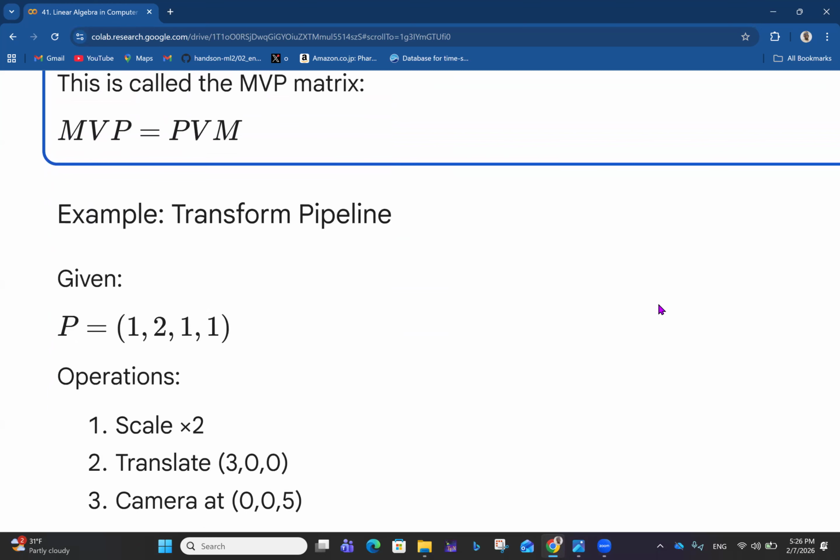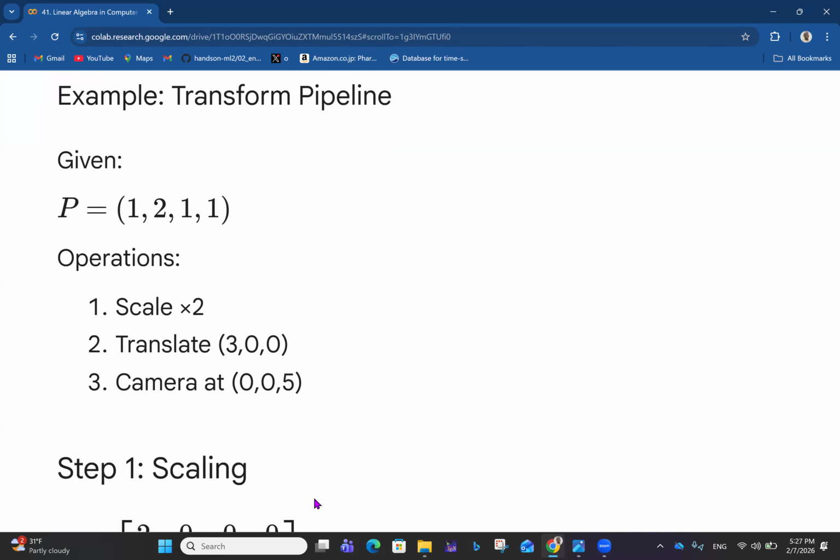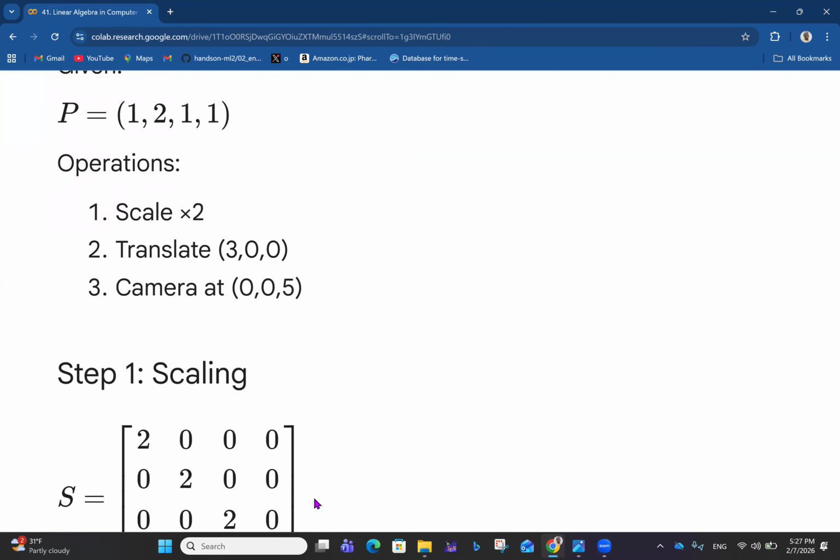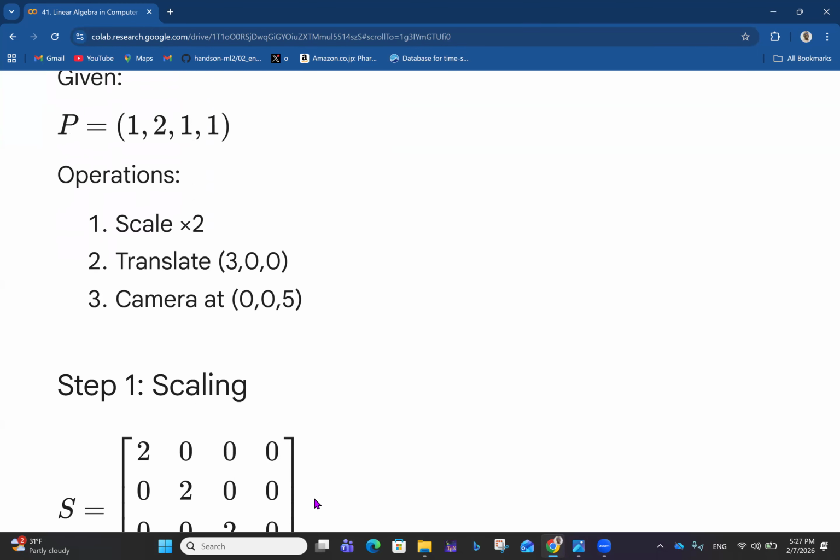Now, for an example of the transform pipeline, imagine that P is 1, 2, 1, 1. You have possible operations like scale by 2, so you double everything, translate by 3, 0, 0, and the camera at 0, 0, 5. Talking about the scaling for step one, imagine you have 1, 2, 1, 1.